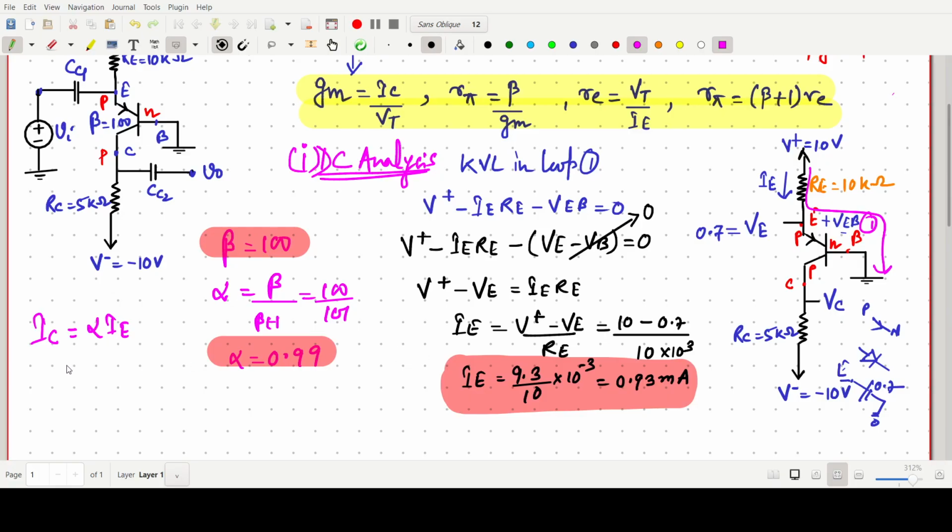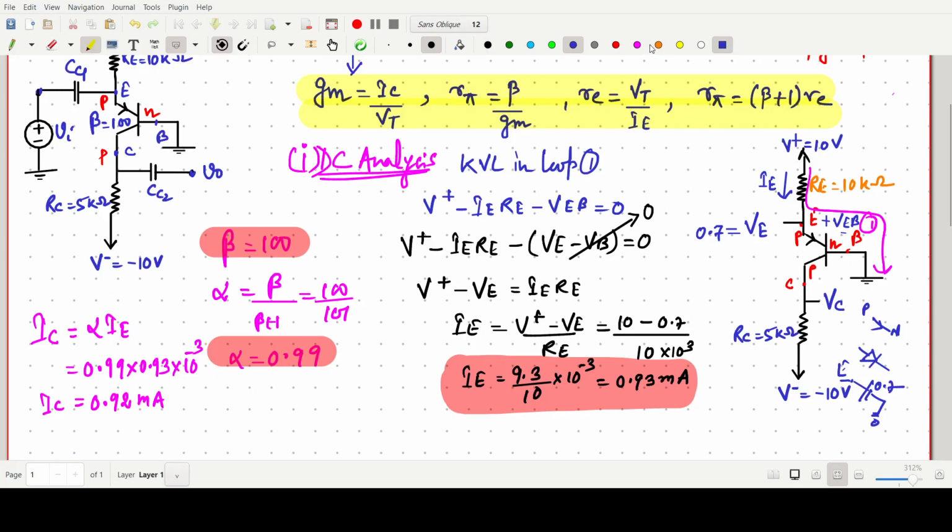So alpha IE, so it should be 0.99 into 0.93 into 10 to the power minus 3. So basically, if we solve this one, it will nearly come 0.92 milliampere. Okay, because this one is 1 into 0.93. So basically, if you solve, it will come the IC value like this.